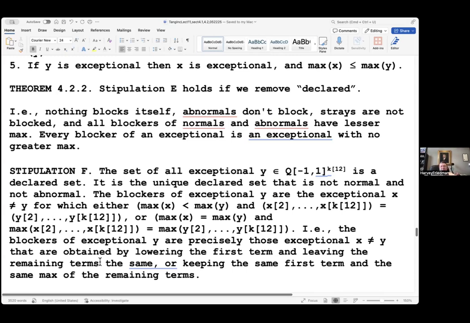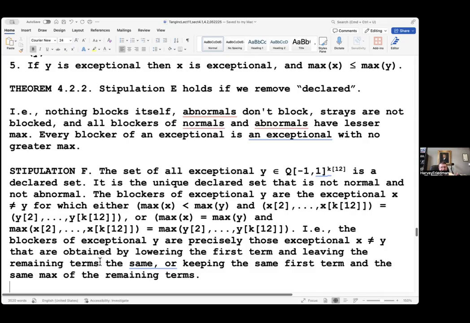So if you want to block an exceptional, you have to be exceptional yourself, and you must have dropped the max and kept the rest of the terms identical, or you have the same max and the same max of the rest of the terms.